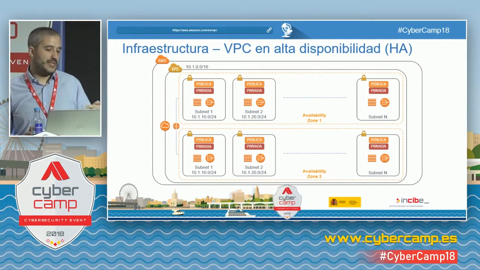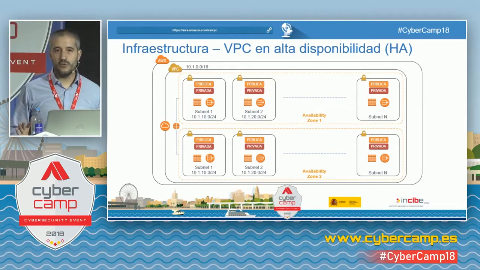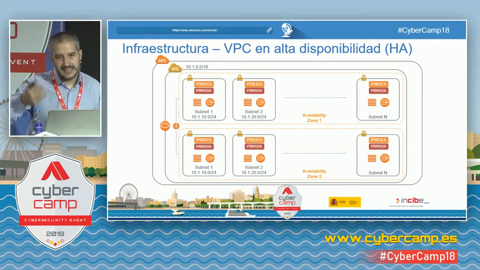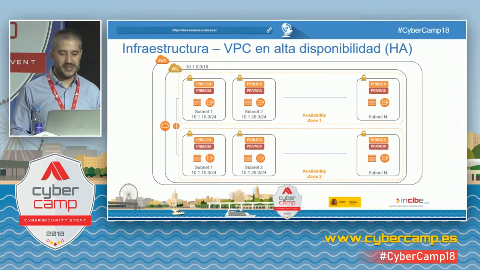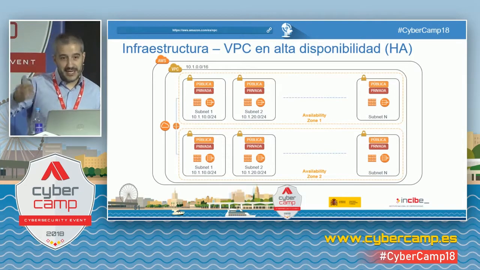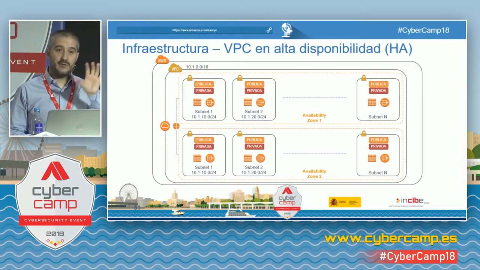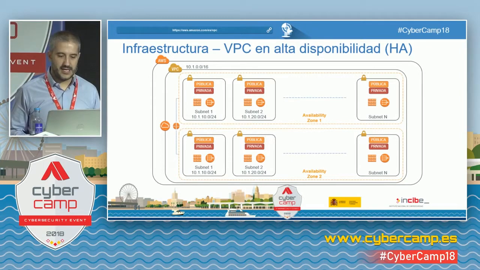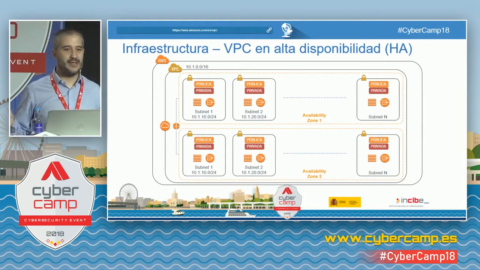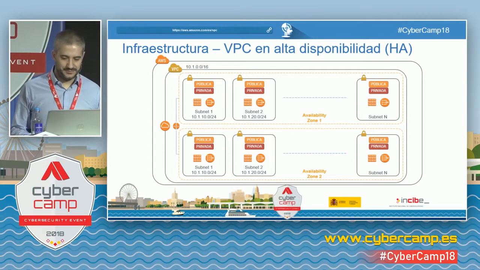But if the whole area is down, with a router, we can direct all requests to the second availability area, and none of our clients will learn there's been a problem. If all others crash as well, or a whole region, that's something different. And we can even have contingency plans and keep things in different regions in order to be ready. That would be a zombie attack, or, well, quite weird.